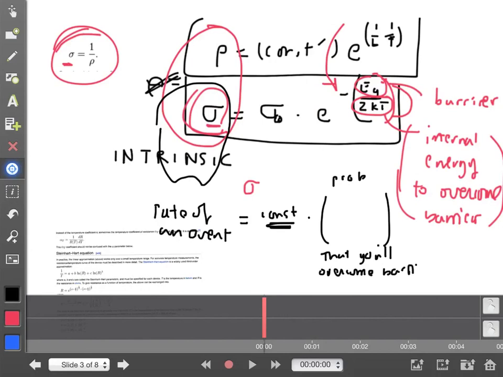And in this case, you could see that the probability of overcoming the barrier goes down if the barrier is higher, and goes up if the internal energy available to overcome it is greater. Okay, so that term goes in there. All right, I hope this is helpful.